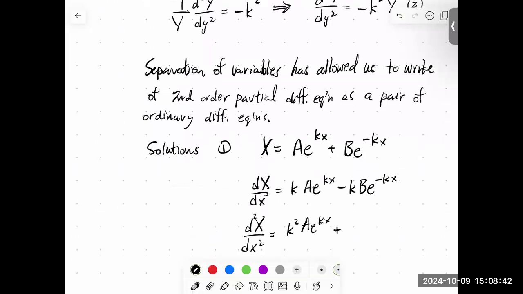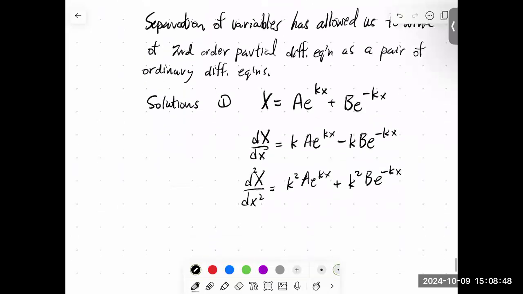And then we get a minus k down again, so we get k squared with a plus sign. And so this is equal to k squared times x. All right, so that's good. So it is indeed a solution to that differential equation. And you can see why I chose k squared as the constant. 2 derivatives brings out the rest.